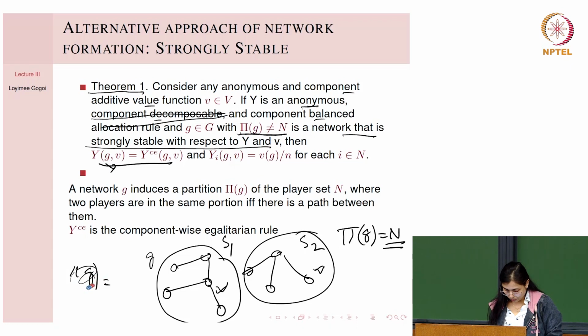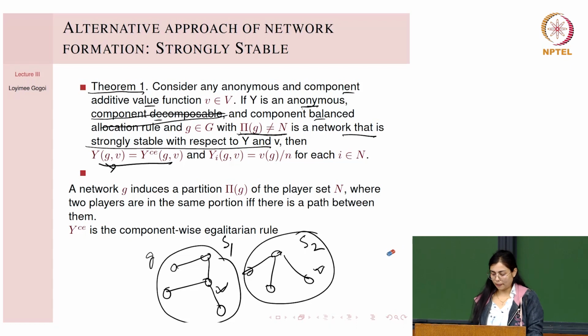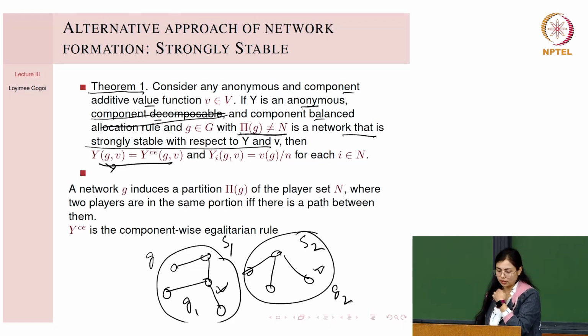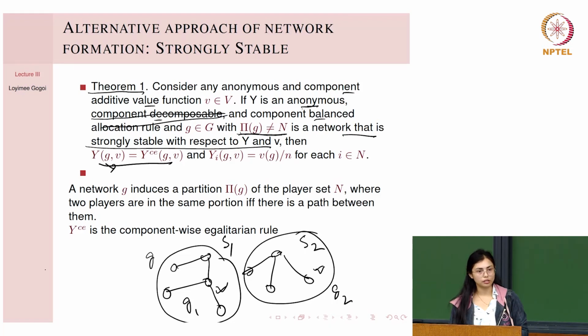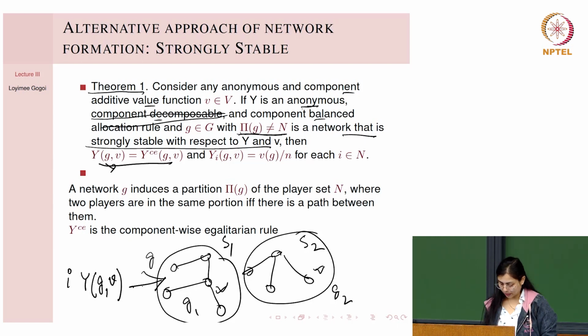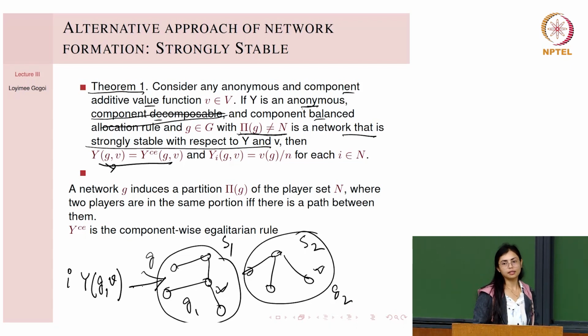So what is component decomposable actually? Say, for example, this is Z, this is Z1 and this is Z2, right? So Z has two components. The allocation in G is almost similar to component balance, but the only thing is, suppose a particular player gets some amount under the allocation rule for the bigger network Z, right?